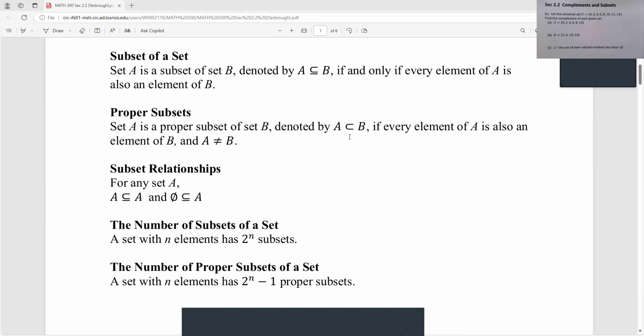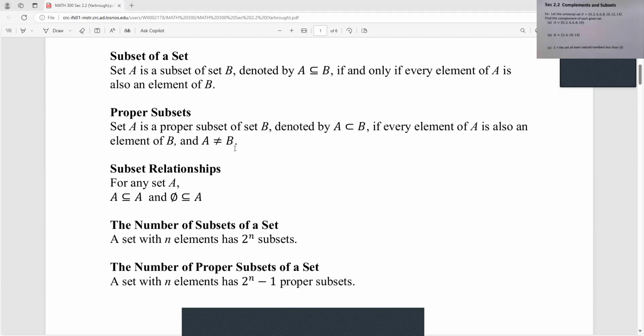This says A is a proper subset of B. So A is a proper subset of B if every element of A is also an element of B, but A is not equal to B. Every element of A is also an element of B, but also A cannot be equal to B.